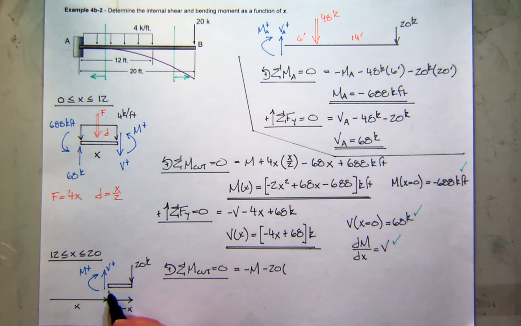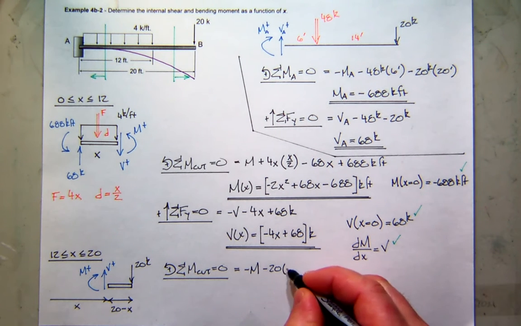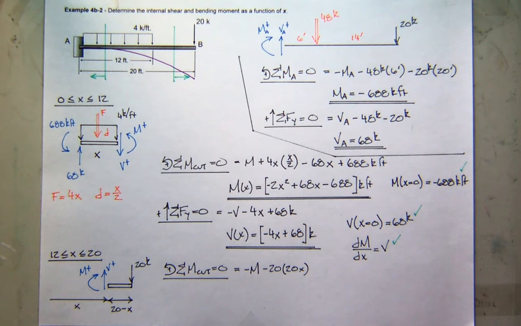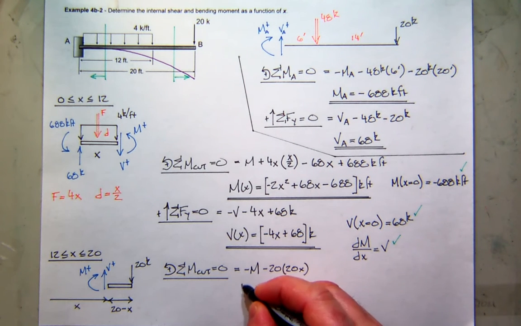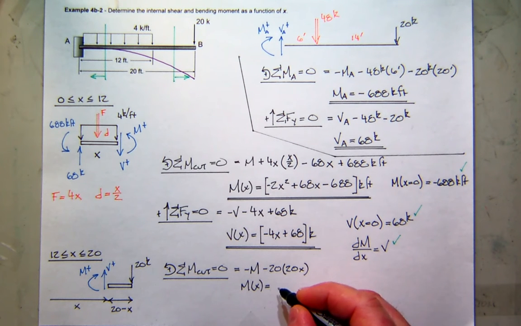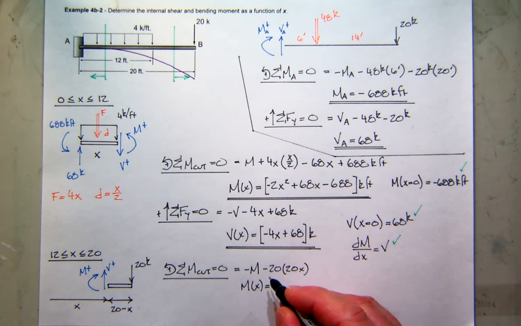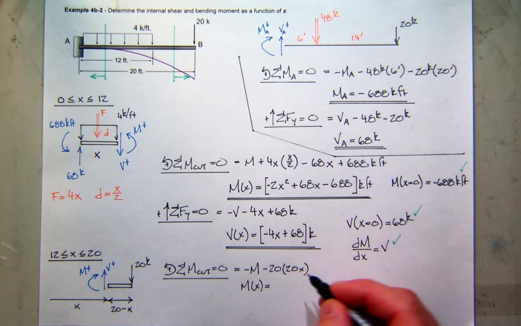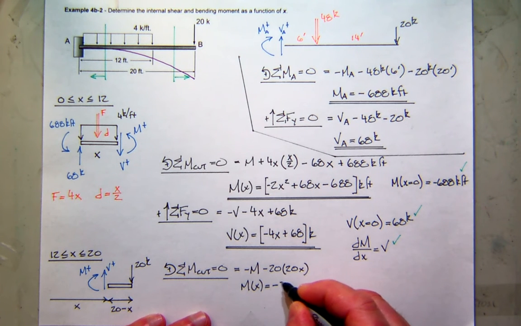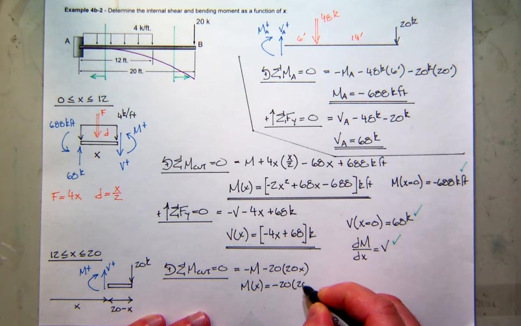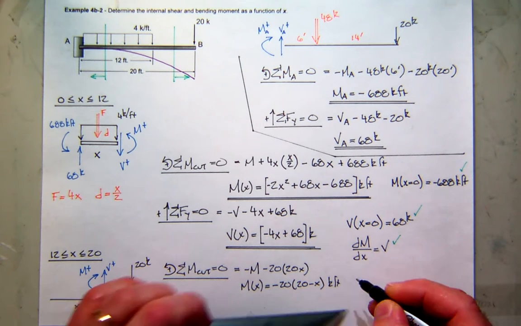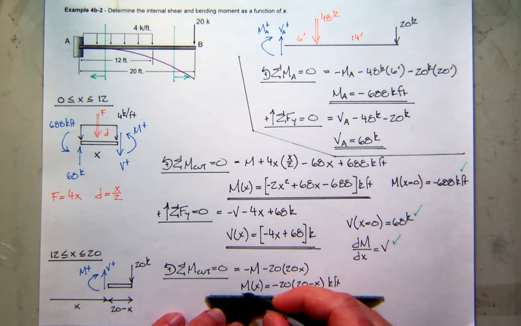And what's the distance? This distance, 20 minus x. So solve for the moment as a function of x, and you can either leave it in this form or you can expand it however you want. I'll just leave it in that form. So I'll get minus 20 times 20 minus x, and that'll have units of kip feet. So there's my moment expression there.